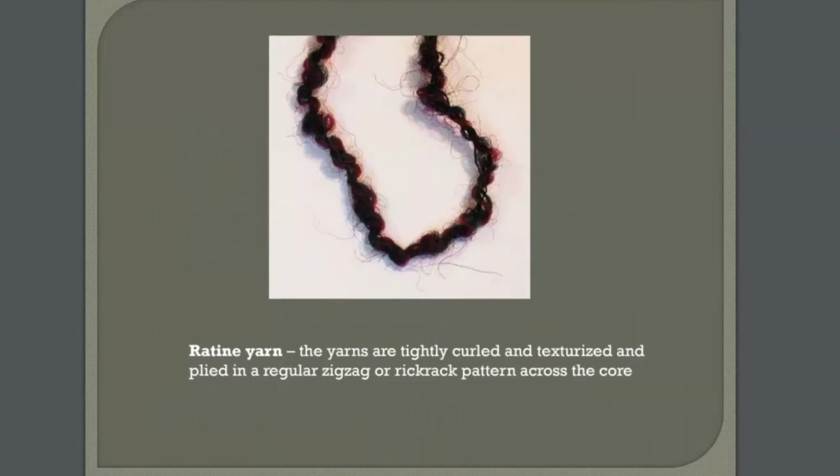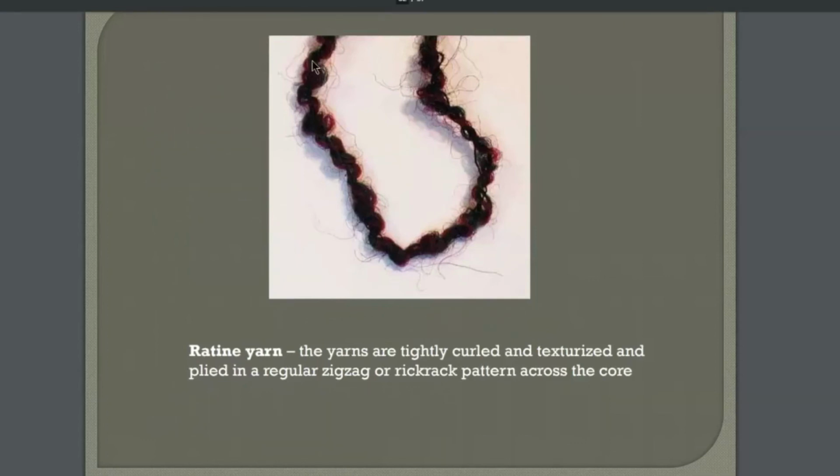So a routine yarn are yarns that are tightly curled and textured and plied. And here's what you need to know. So there's a core, and then the yarns are plied in a zigzag or rickrack pattern across the core.